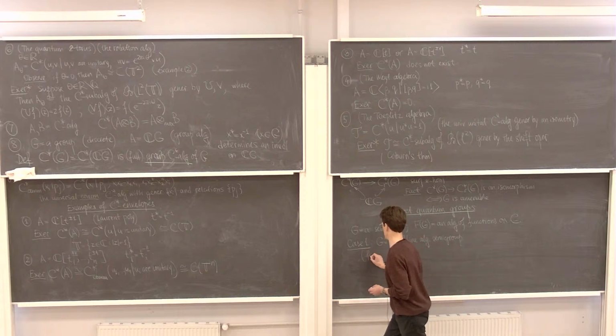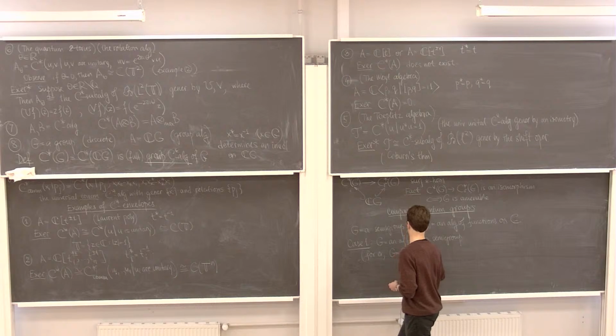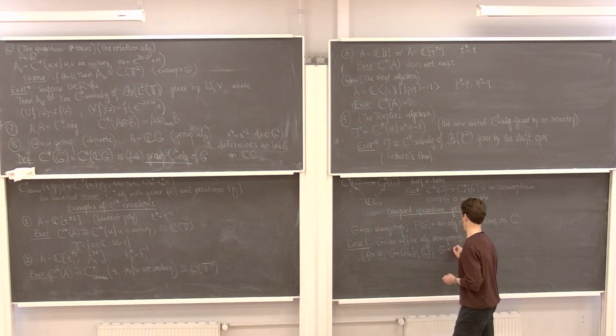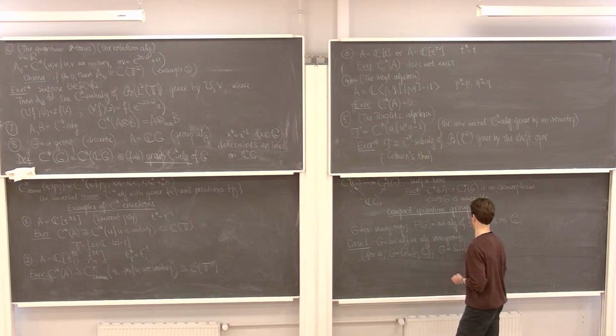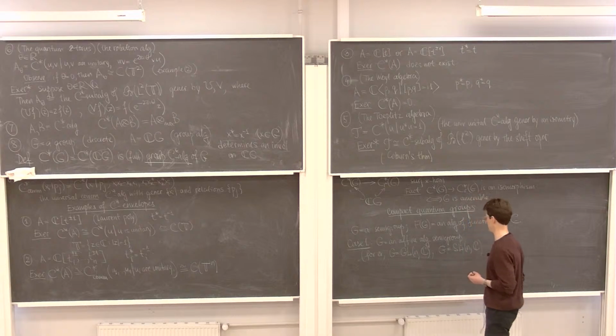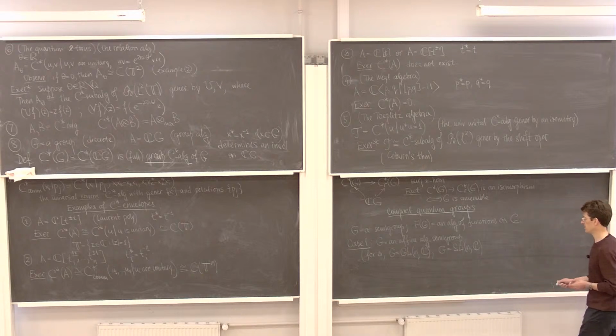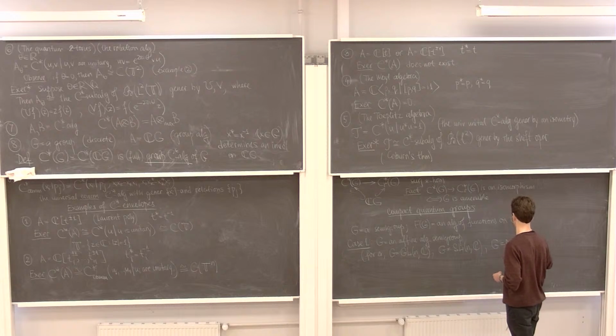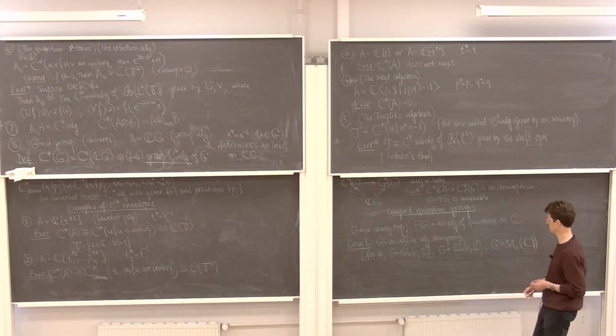For example, we can take the full linear group GL_n(C) of invertible matrices, or the special linear group SL_n(C) of unimodular matrices with determinant 1. Or we can also take the multiplicative semigroup of all matrices. It is not a group, but it is a semigroup.